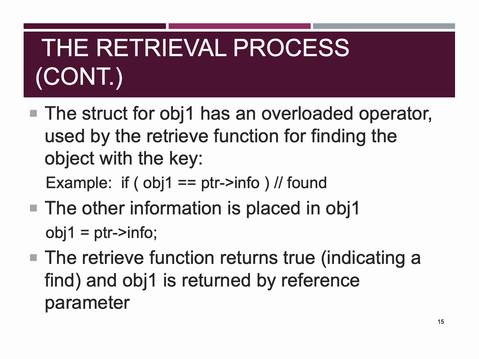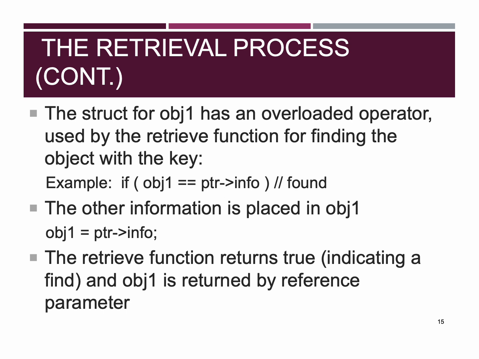If they match, it means we have found the object. Once the object is found, the other data associated with the object is placed into object 1. So, object 1 equal to pointer info will assign the full information from the list node to the object passed by reference.